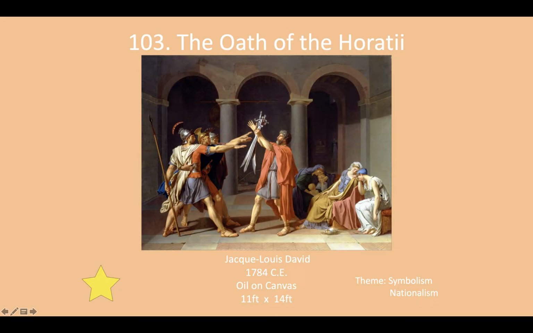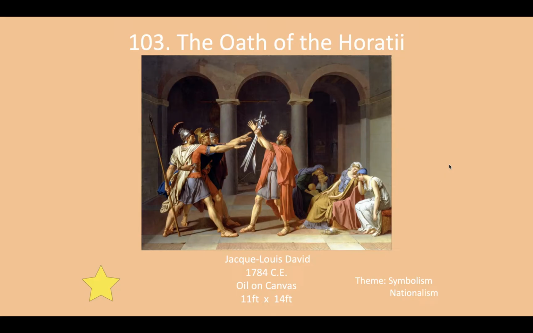So we have 3 sisters too. And the sister here is married to one of the men from Alba. And so however this goes for her, she loses. Either she will lose her brother or she will lose her husband. Doesn't matter. Okay? But notice where she is. She is with her family.